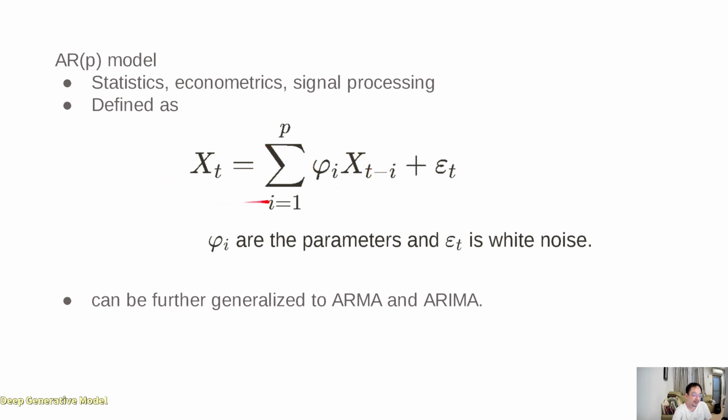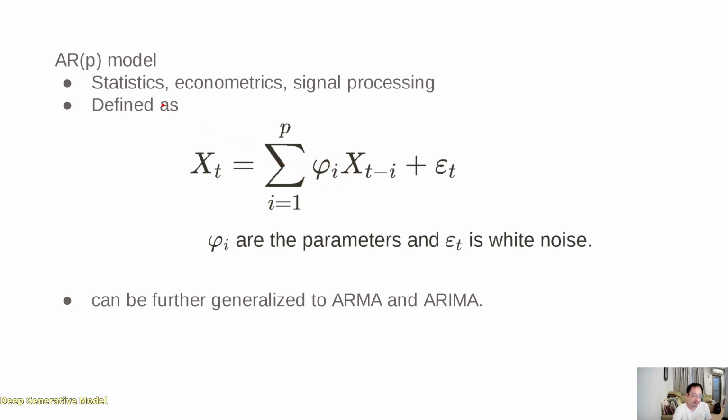So this is an autoregressive model in our previous definition, but it is just one particular kind of autoregressive model. It is a linear one, and it has a noise term here. This is white noise. These are learnable parameters that you can adjust.